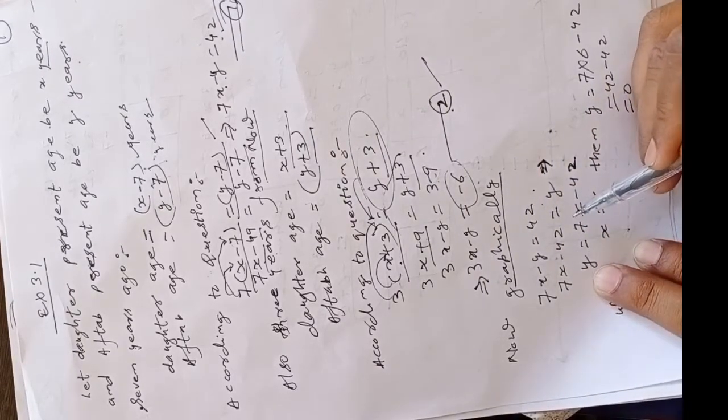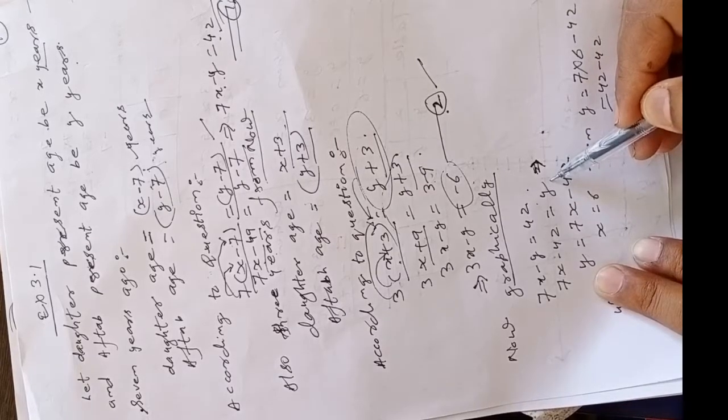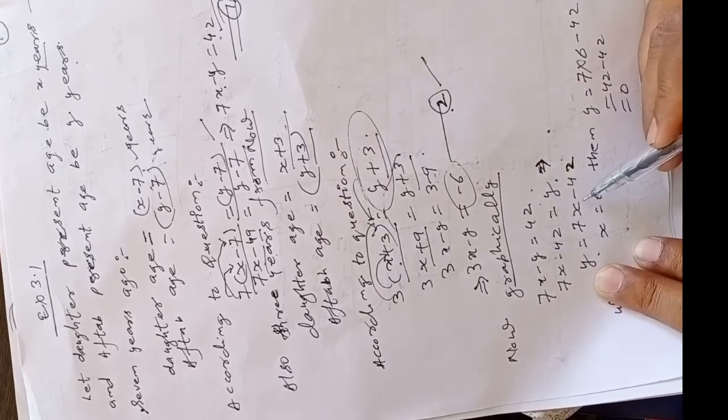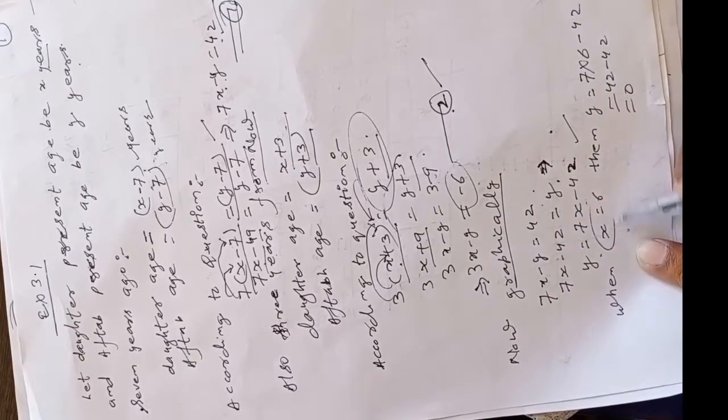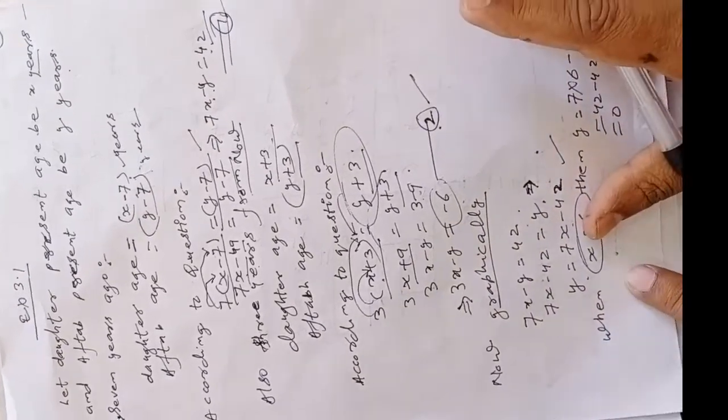So 7x minus 42 is equal to y. Y is equal to 7x minus 42 will come. When we are putting values, we should put at least 2 values for drawing graphs. Maximum you can put 3 values, but right now we are putting 2 values here because we can draw a graph with 2 values also.